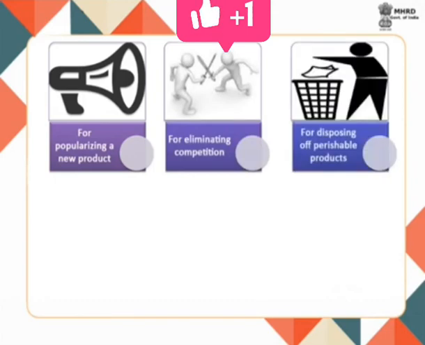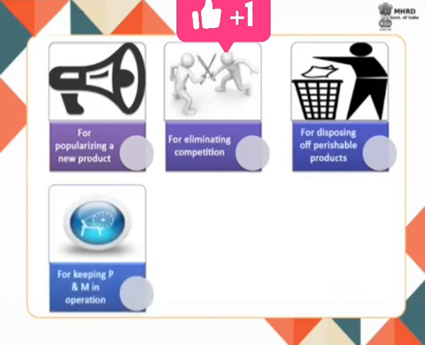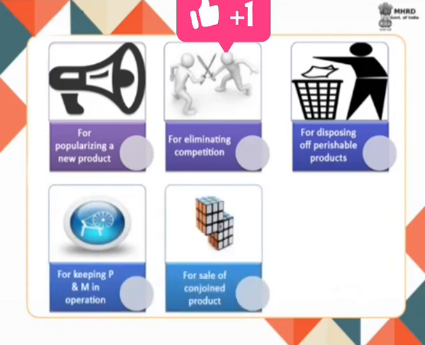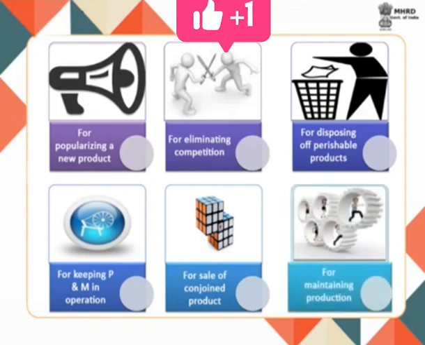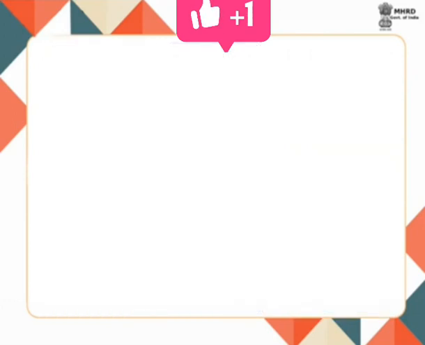For disposing of perishable products; 4. For keeping plant and machinery in operation; 5. For sale of conjoint products, which is making larger profits; 6. For maintaining production and keeping employees occupied.